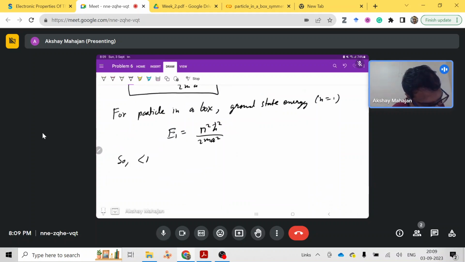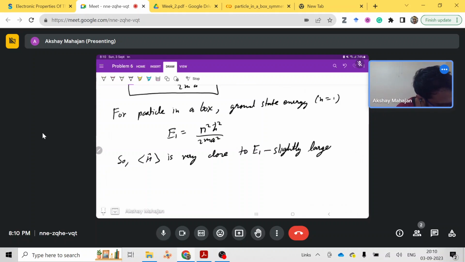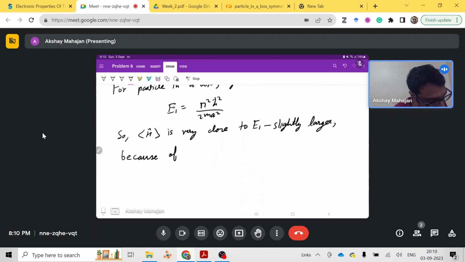So this expectation value of energy is very close to E1, although it is slightly larger because of the admixture of the excited states.